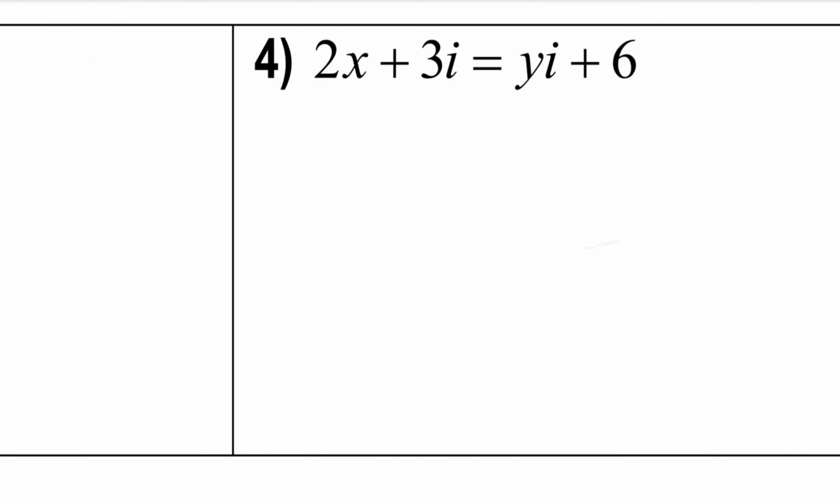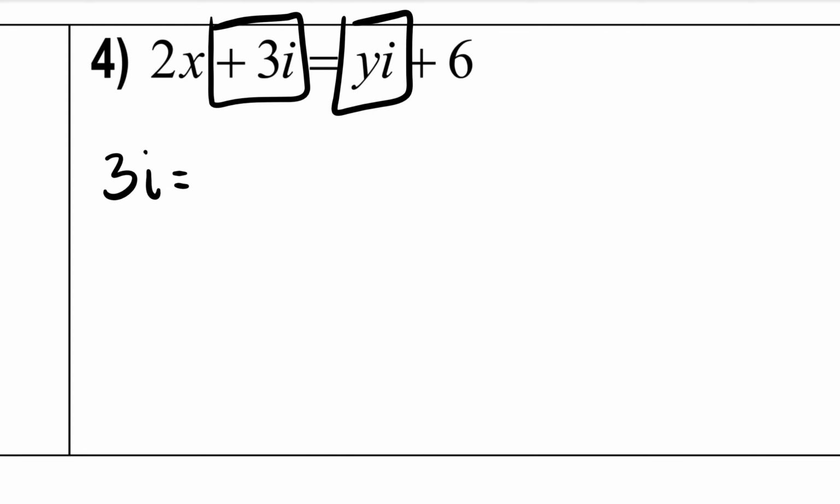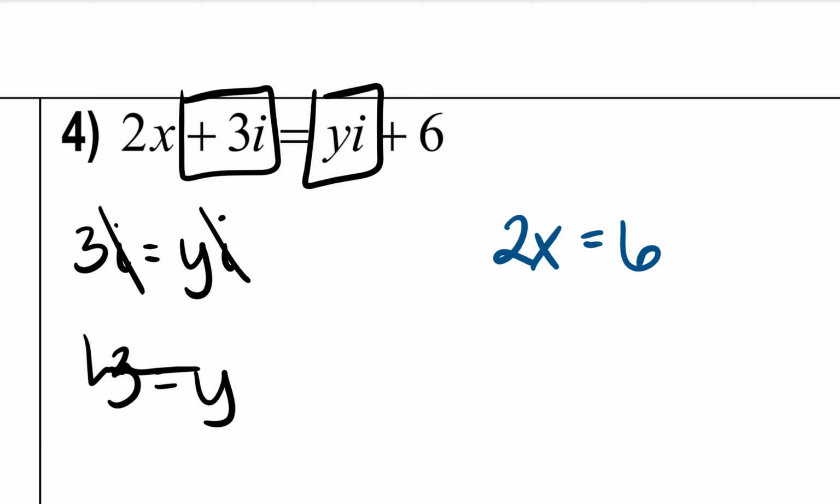So on 4, I'm going to do the same thing. I'm going to go ahead and take the i's out. So I have 3i equals yi, and then I write whatever's left over here. So for y, again the i's just go away and I'm left with 3 equals y, and I have nothing else to do.